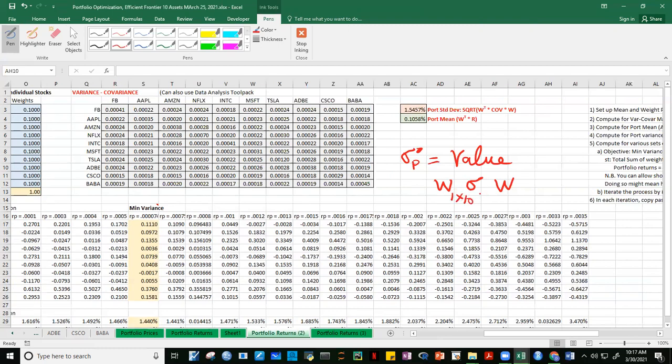Yung variance covariance natin, of course, square matrix yan, 10 by 10 yan, depende sa number of assets. And then dapat itong weight matrix natin sa dulo, dapat 10 by 1. So ganyan dapat yung paglatag ng matrix natin sa Excel. Okay? 1 by 10 dapat yung weight, tapos yung sigma natin 10 by 10, tapos yung weight matrix natin na 10 by 1.